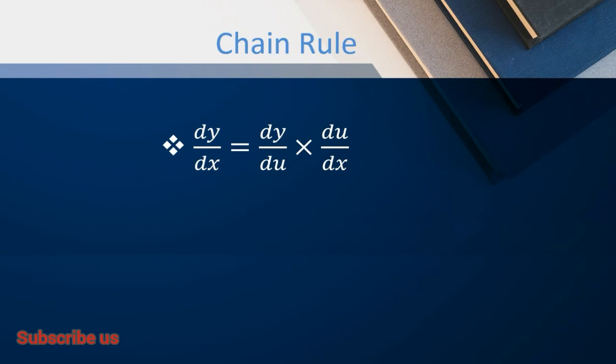Here we can rewrite dy by dx by using a function of u. u is another function. dy over dx equals dy over du times du over dx. No need to take this seriously now; when you go through the example below, you can understand that.